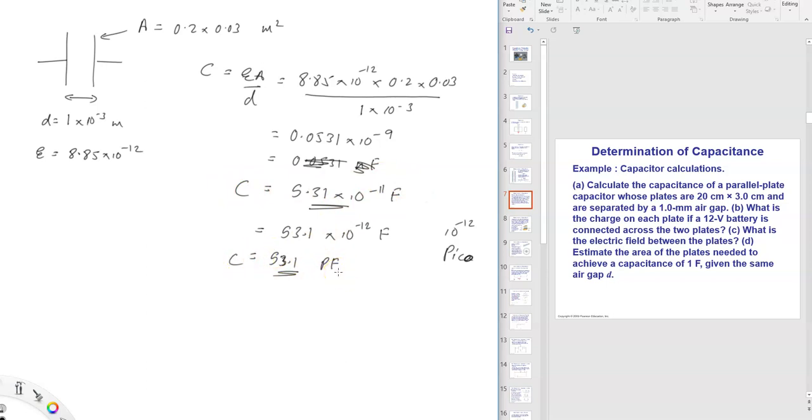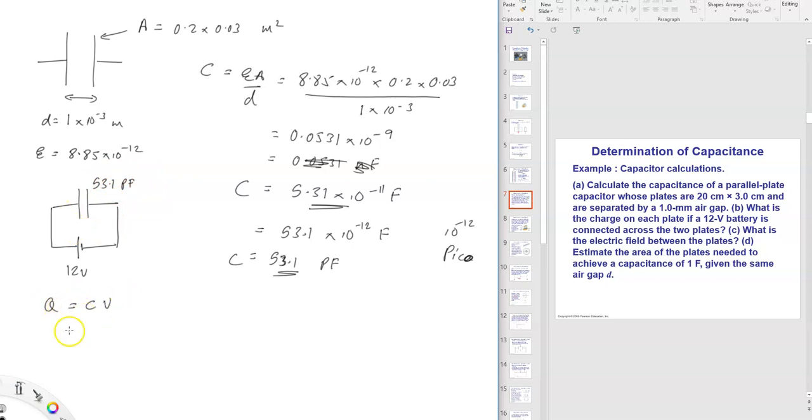What is the charge on each plate if a 12-volt battery is connected across the two plates? So here's the capacitor. Here's the battery. 12 volts connected to 53.1 pF, asking the charge.